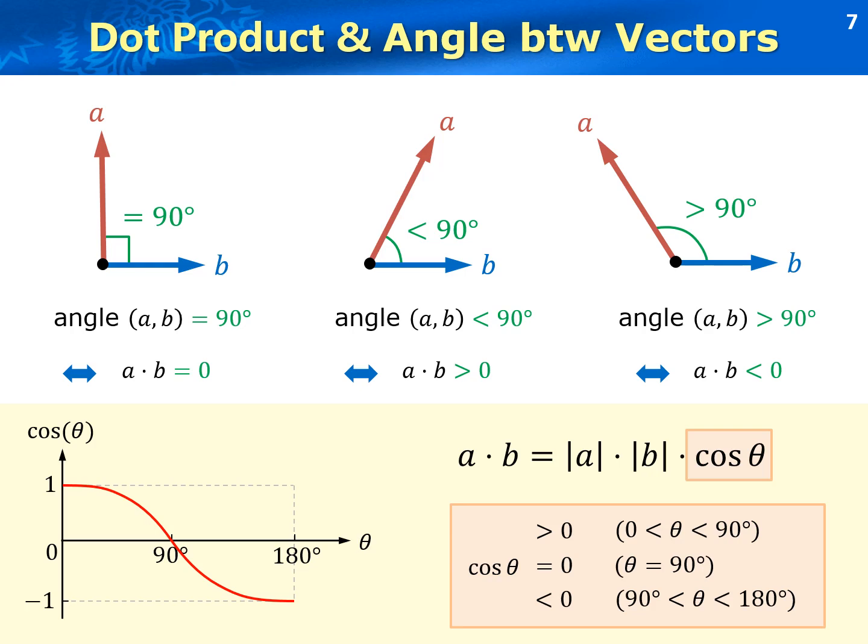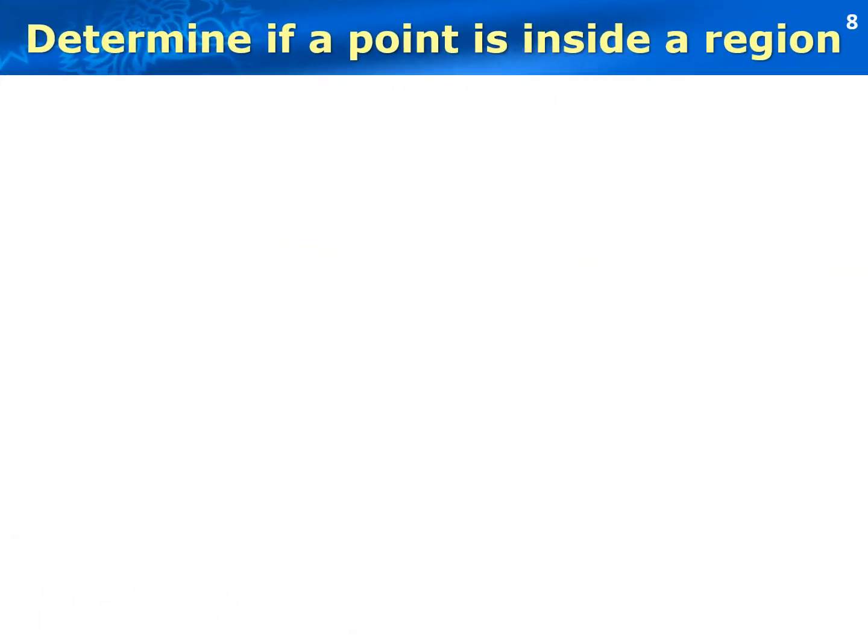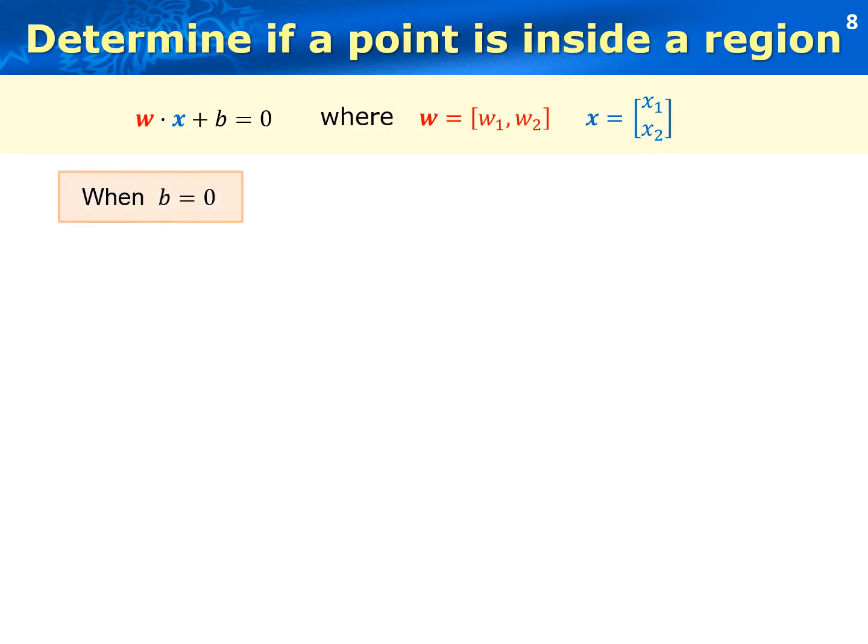Based on this mathematical knowledge, next I will introduce how to determine whether a given point is inside the positive blue region. Given a plane equation wx plus b equals 0, for ease of our presentation, we first assume b equals 0, and w and x are in two dimensions.